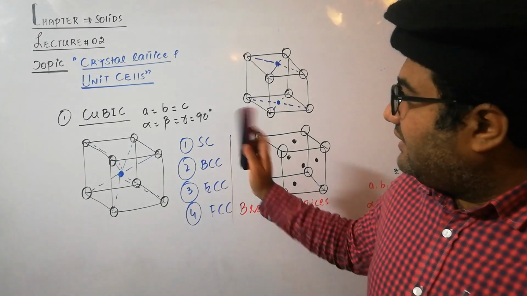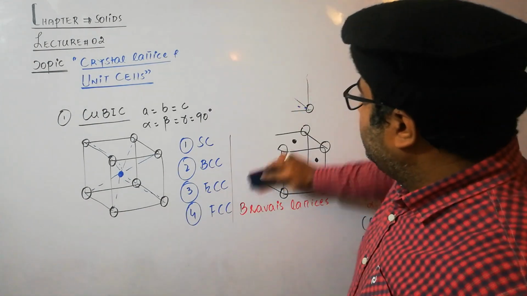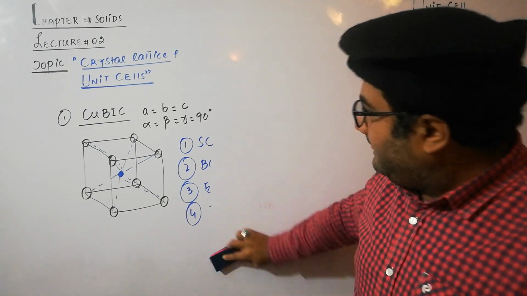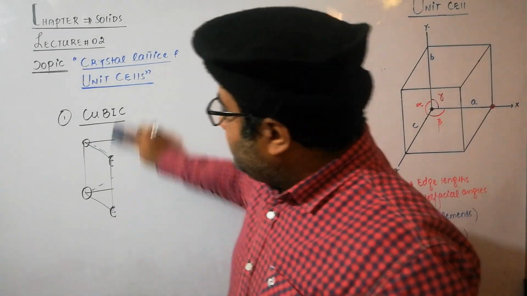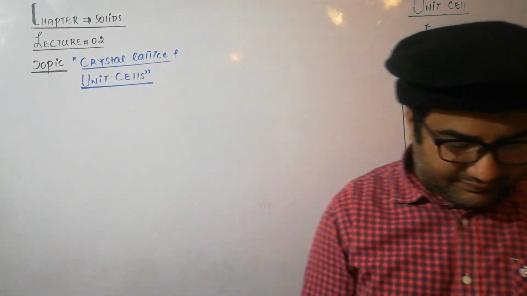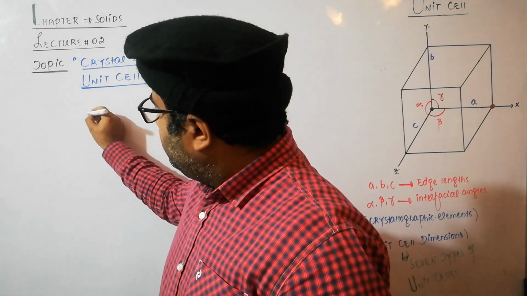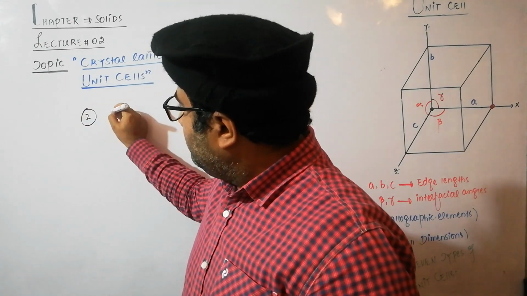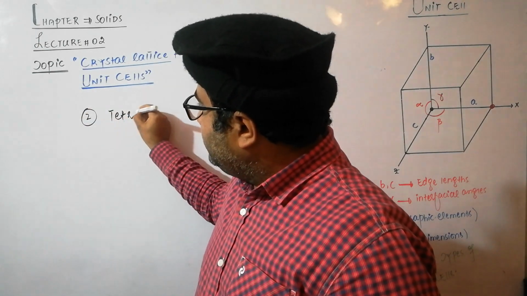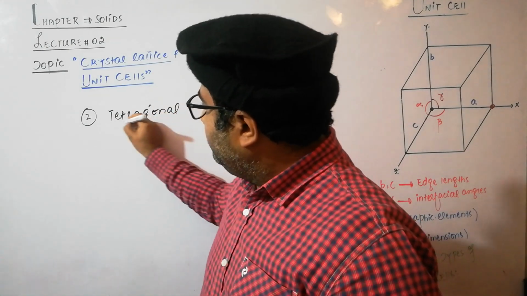So this was the first unit cell, that is the cubic. Now let us talk about the second type, and that is tetragonal.